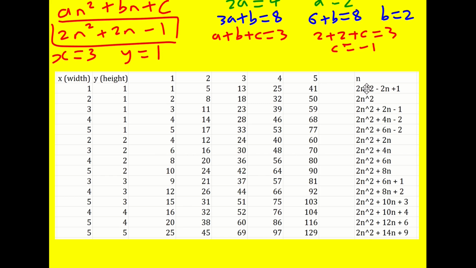Because we're always going up by 4 each time, with the second difference, that is. But then we get some interesting things going on with the n term. The n term is going up by 2n each time, and actually it happens to be the same if you fix the height and increase x, or vice versa. That is, you go up by 2n.